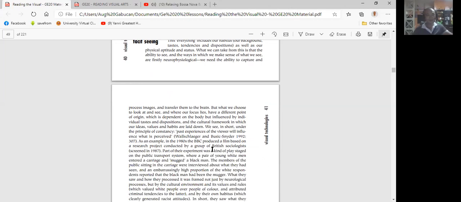But we just walk and use our vision just enough to attain its particular purpose, to get from point A to point B. So that is somehow what is meant by tacit seeing. Okay, so we see, in short, with the principle of constancy.